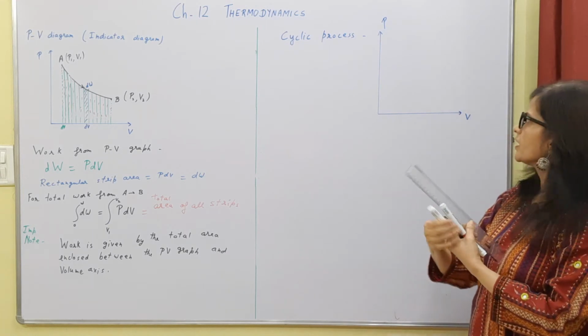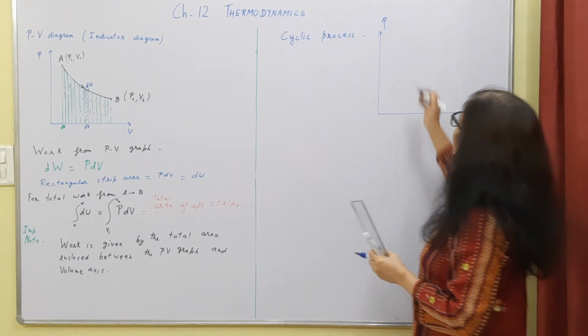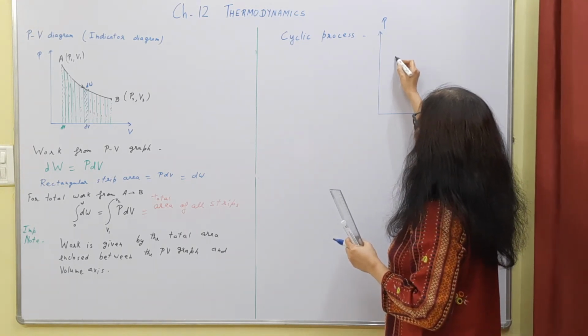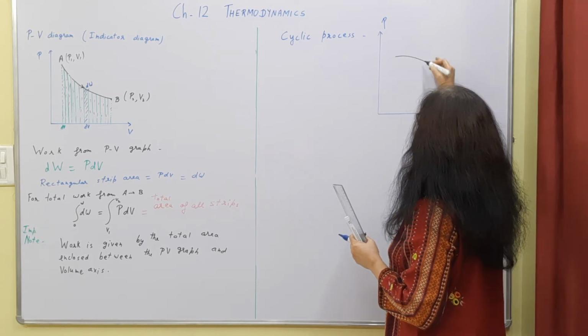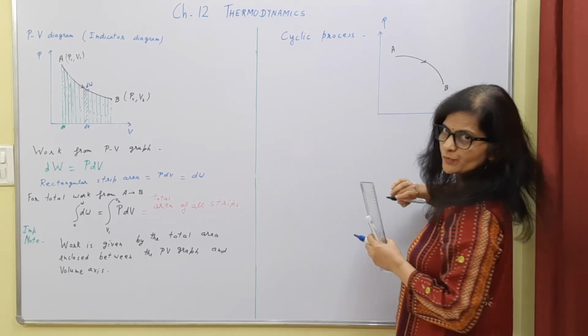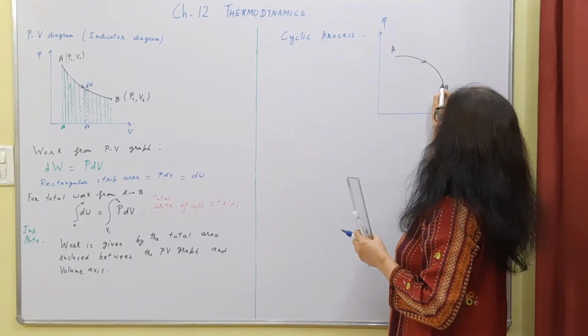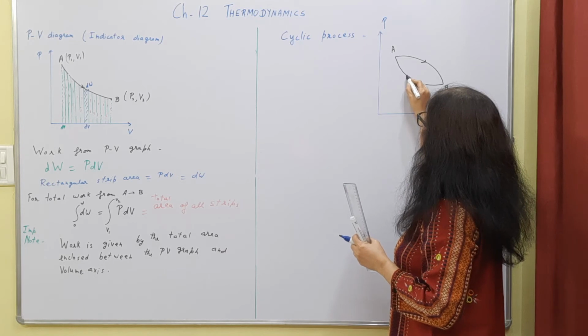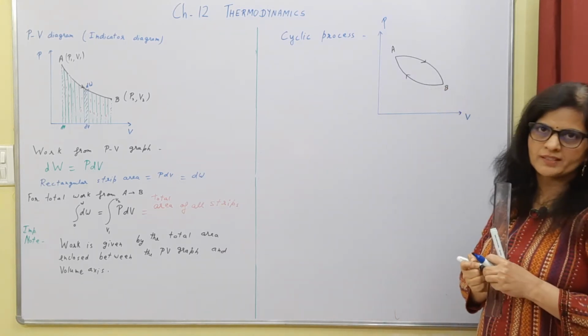Let's take a case where the system goes from A to B this way, that means expansion is there, and then again compression is there and the system returns to its original position.